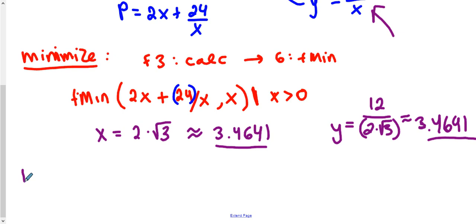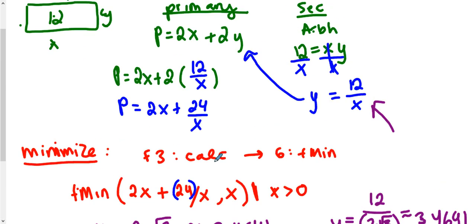So what can we say? The smallest perimeter. Well, we would take these two numbers and we would put them back up in our perimeter equation.